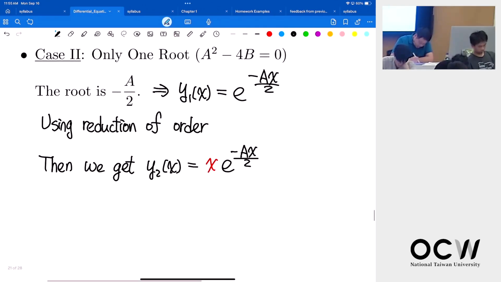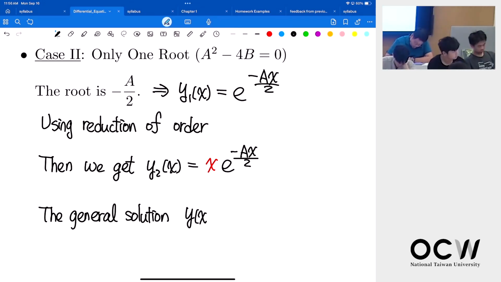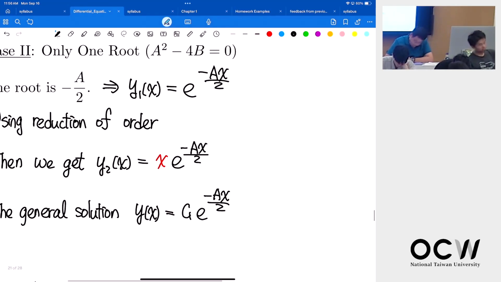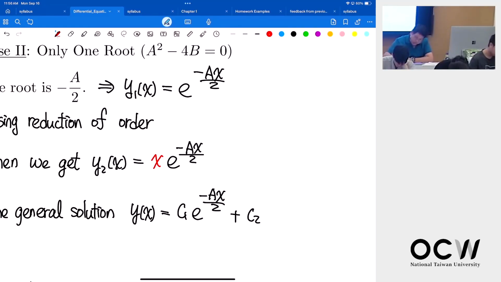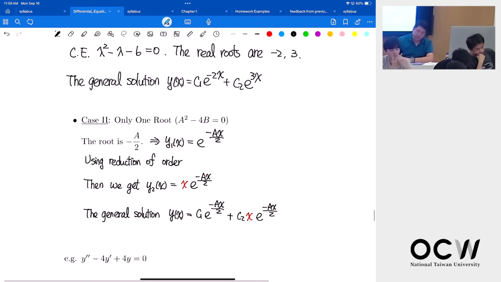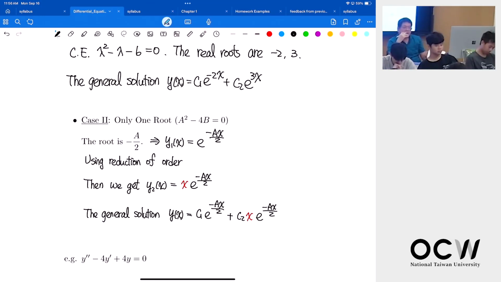So the general solution will be c1 e to the minus ax over 2 plus c2 y2, where y2 is x e to the minus ax over 2, if your roots are repeated.